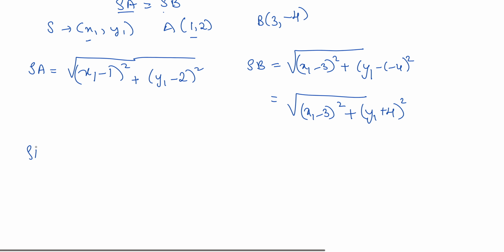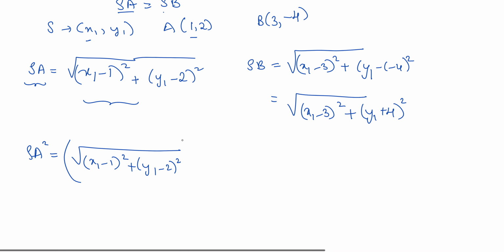Now we are squaring on both the sides. SA square is equal to the square root of (x1 minus 1) whole square plus (y1 minus 2) whole square, squared. So the square and the root get cancelled. SA square becomes (x1 minus 1) whole square plus (y1 minus 2) whole square.